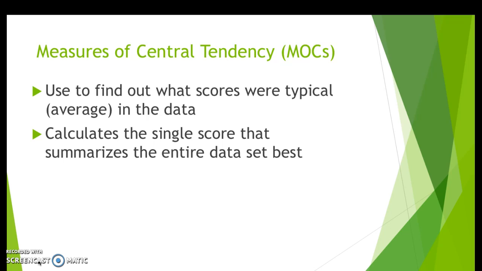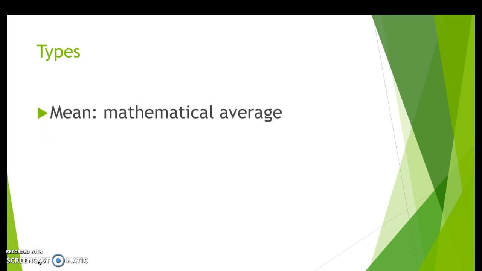So measures of central tendency come in handy to give people an idea of what the data look like overall. Instead of providing all of the details and specifics, we can just use measures of central tendency to tell people what was average or what the data set had in common.